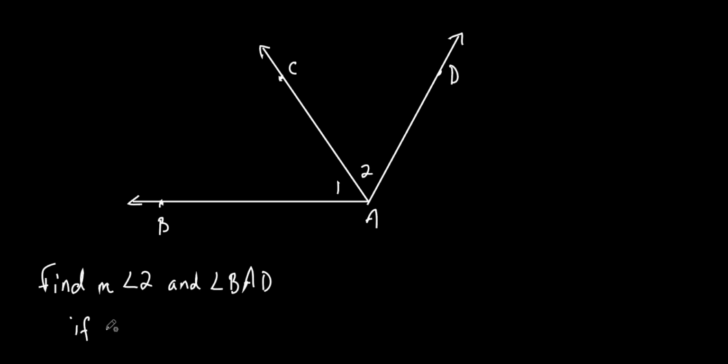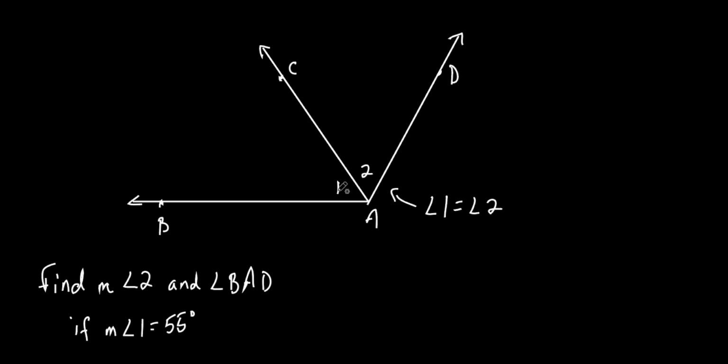If the measure of angle 1 is equal to 55 degrees, and they also tell you that angle 1 equals angle 2. And that should be all the information we need in order to find angle 2 and BAD, which is the whole angle.